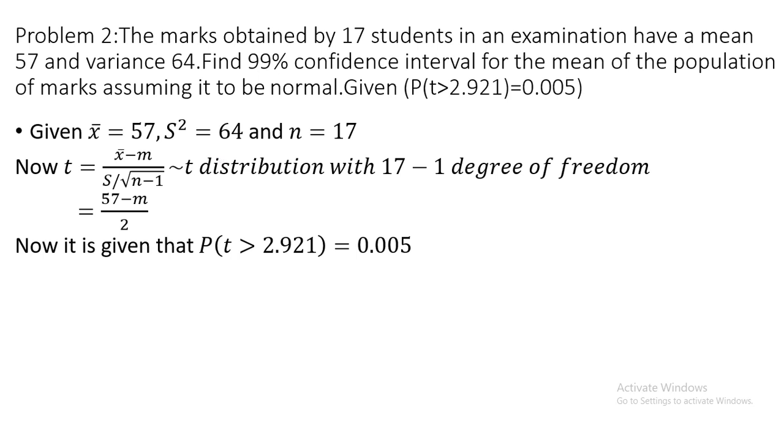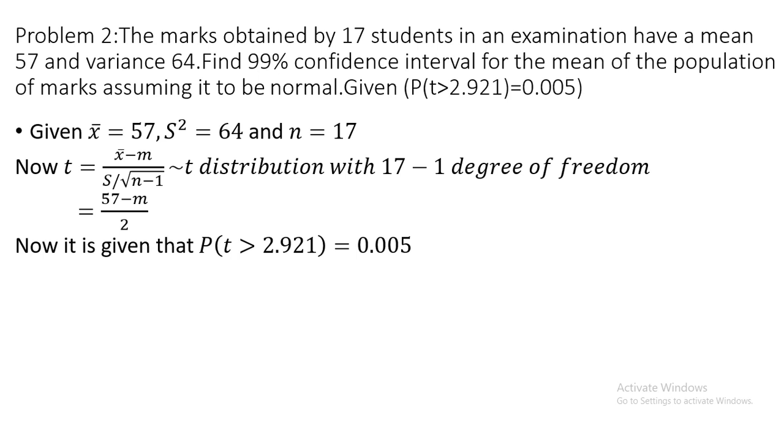That means from minus infinity to minus 2.921, the probability is also 0.005. Okay, let me repeat it. What is given to you? It is given that probability t greater than 2.921 equal to 0.005. That is, from the point 2.921 to plus infinity it is 0.005. So we can say that from minus infinity to minus 2.921, the probability is also 0.005.